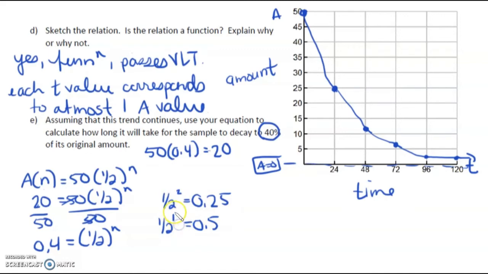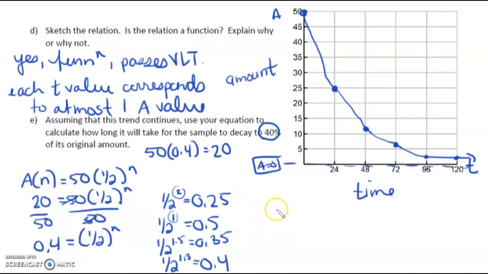So we know that our number is going to be between 1 and 2. What about 1/2 to the 1.5? Put that in your calculator. I get 0.35. And if you keep putting numbers into your calculator, you'll get 1/2 to the 1.3, and that's going to equal 0.4.